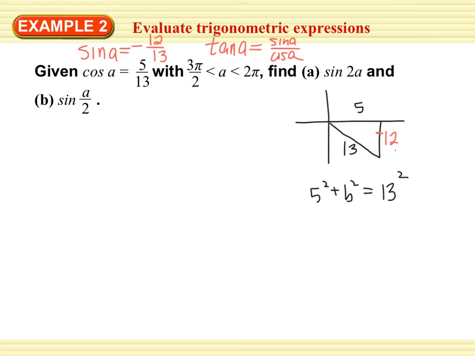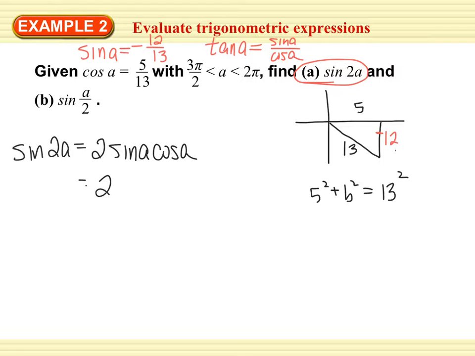What we're going to do first is sine of 2A. And the equation that we already went over, we just haven't used it yet, is sine 2A is equal to 2 sine A cosine A. Well, we found sine A, negative 12/13, and we were given cosine A, 5/13.